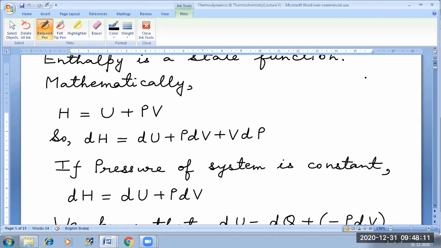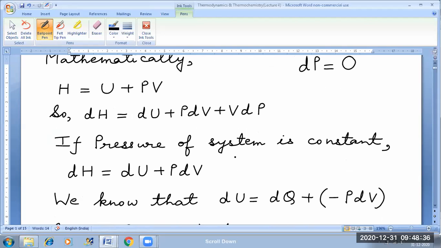Now I told you if pressure of the system is constant, that means dP will be equal to 0, because pressure is constant. If dP is 0, this term goes and I'm left with dH is equal to dU plus PdV.